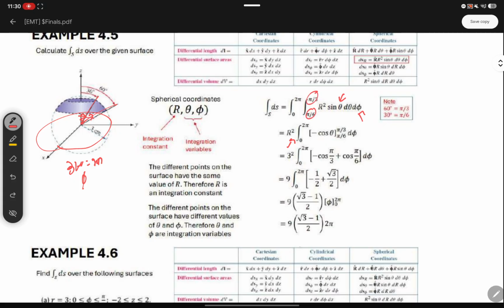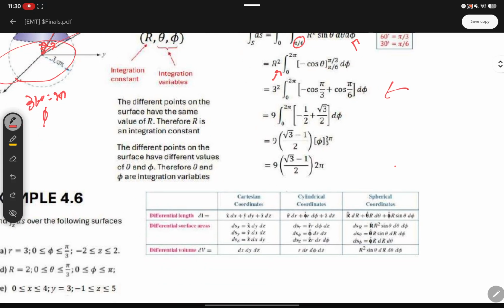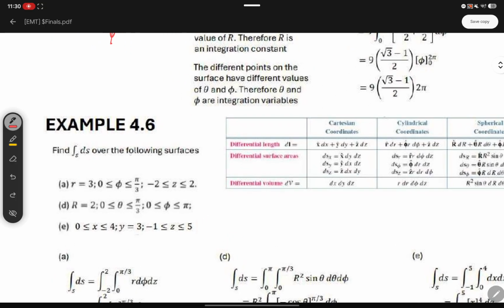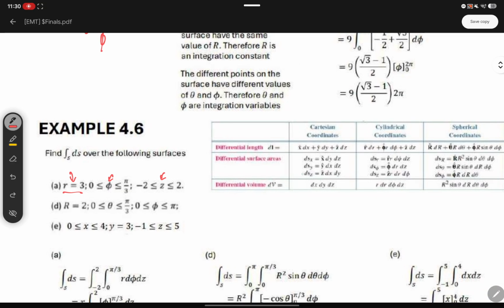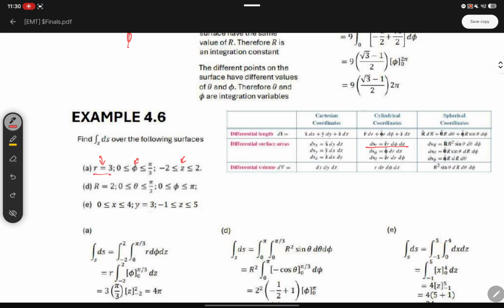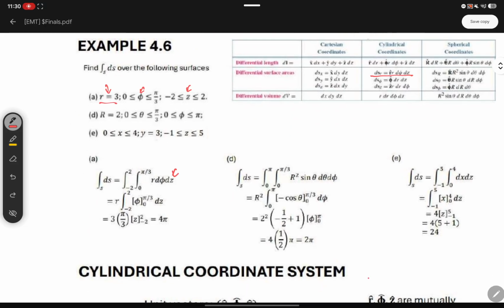Now find the surface for the following. Here we notice that r is unchanged, theta is being changed, z is not being changed. So for this we will take this. Now dz, z is 2 to negative 2, we have written it. Then the inner part is this one, pi over 3 to 0.